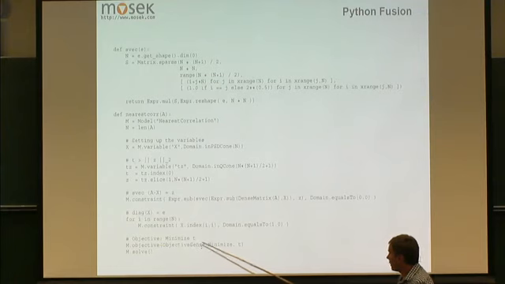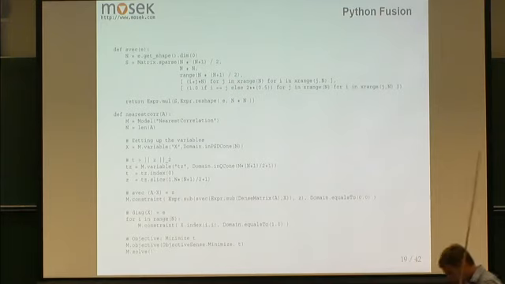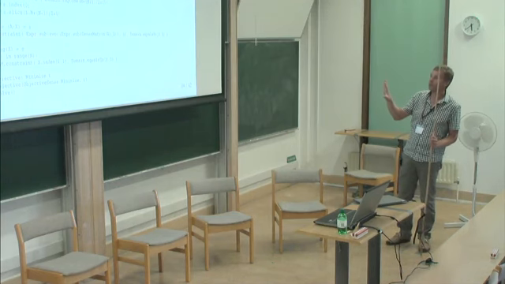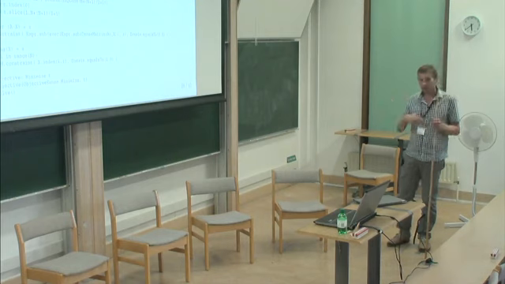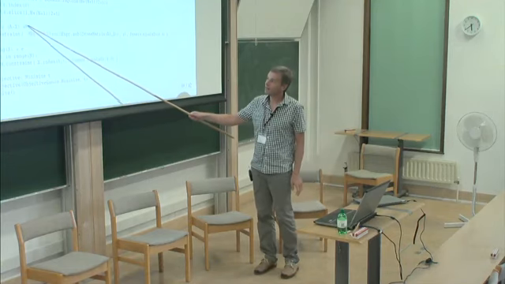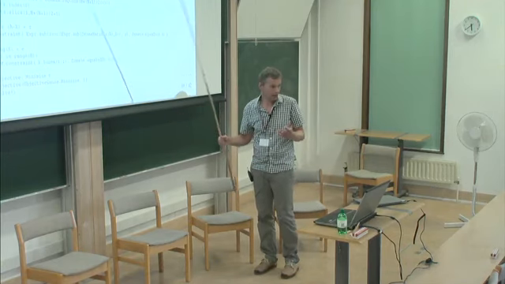Down here I tell that the objective should be minimized, and I tell what the objective is, so the linear expression, and here I solve the model. To some extent, I would understand that you don't get too excited about this, because you would like to write things exactly like this or like this, right?